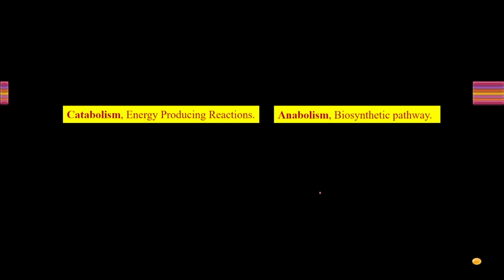In this particular context, we have discussed the biosynthesis of the different types of amino acids, the essential amino acids as well as the non-essential amino acids. And what we understood from the biosynthetic pathway is that it utilizes the energy produced during catabolism to run these condensation reactions and all other kinds of reactions to synthesize new molecules.